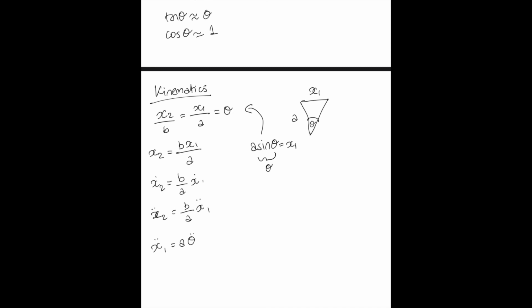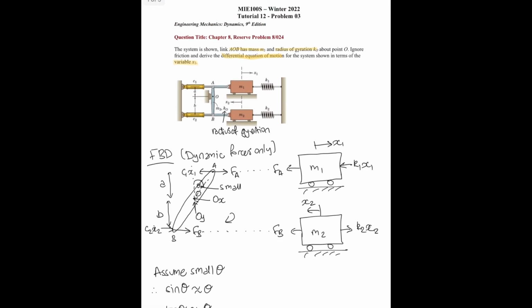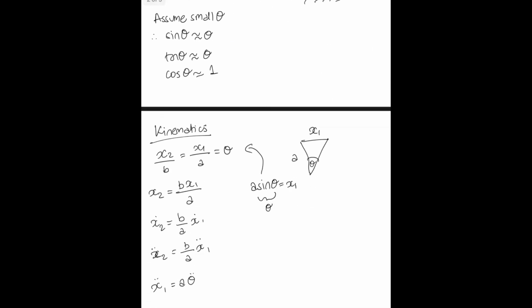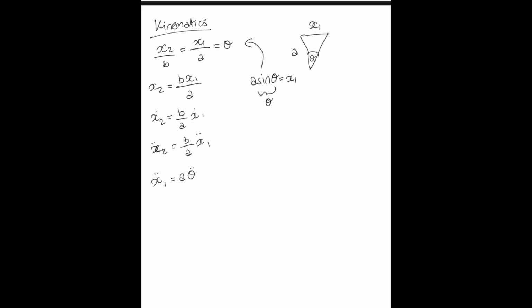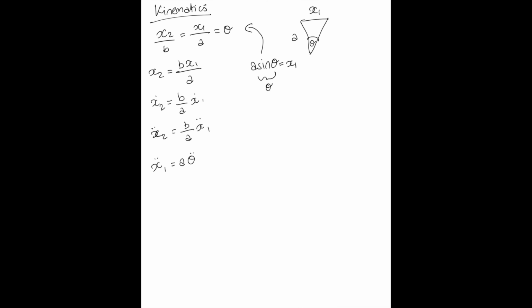Now the reason we're doing that is because we want to find our differential equation of motion, or harmonic motion, in terms of x1, not x2. So that's why we're rearranging to make x2 the subject. Now that we found x2, we can start with our kinetics.